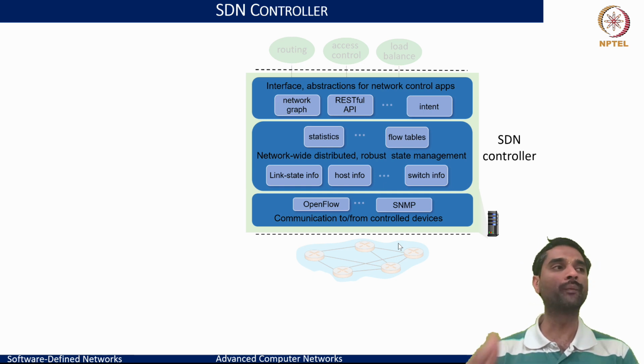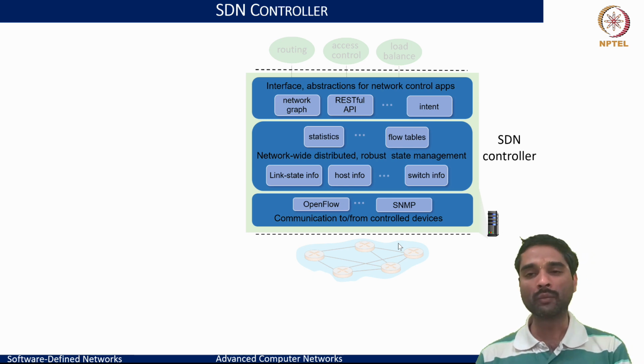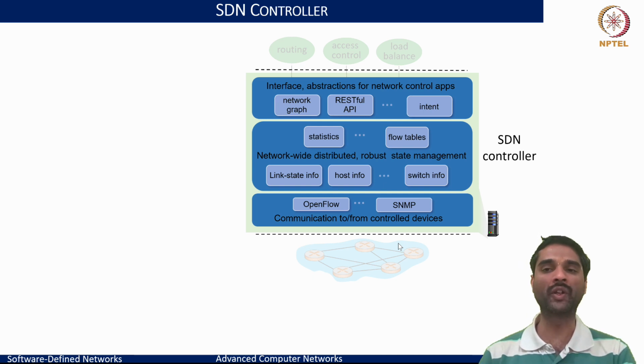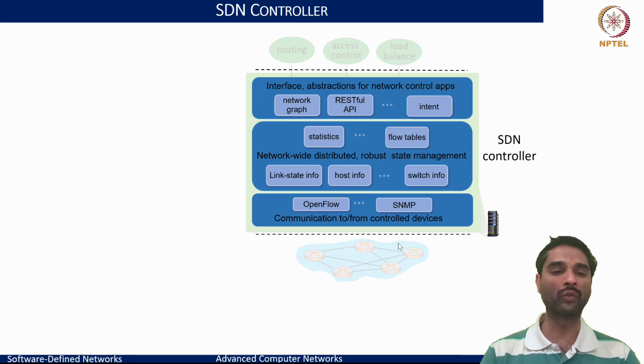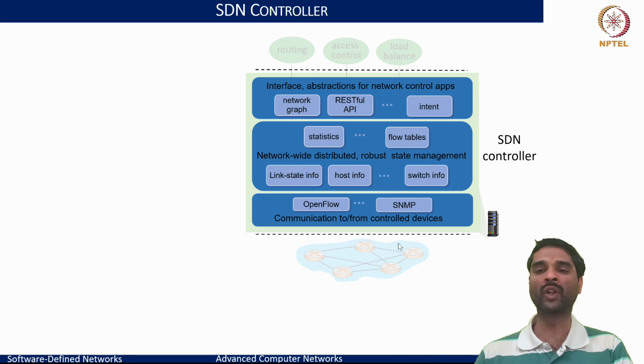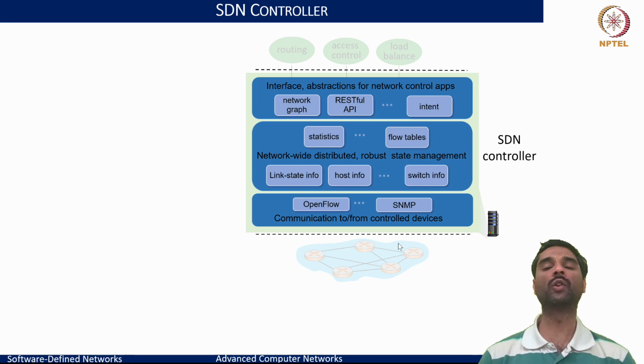A very high level user language based notion can be used as an intent to say load balance for these particular flows on these particular devices. That intent can then be translated all the way down to say, okay, you have to configure router 1 with these flow tables, router 2 with these flow tables, and so on. So that way it makes the application space a lot easier to configure and work with.